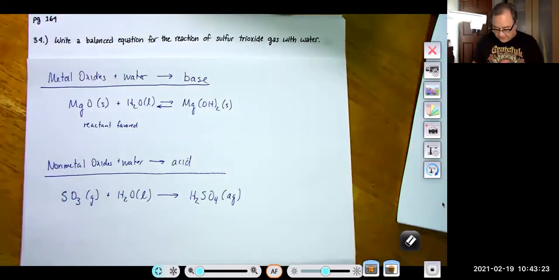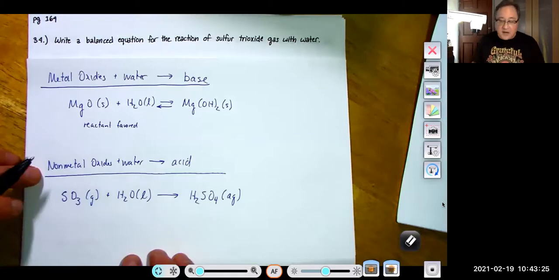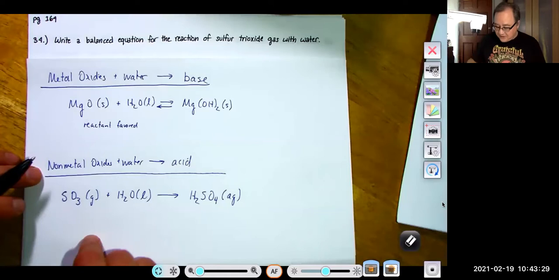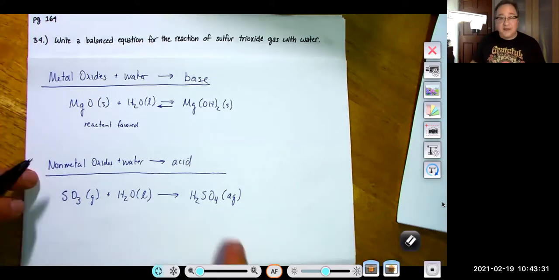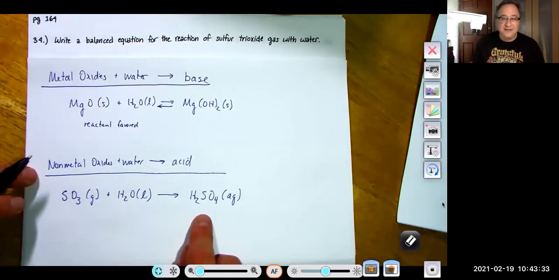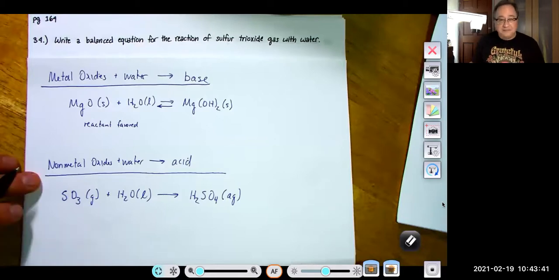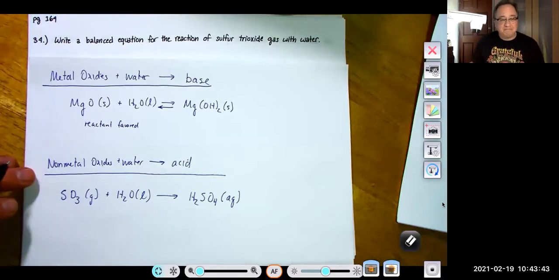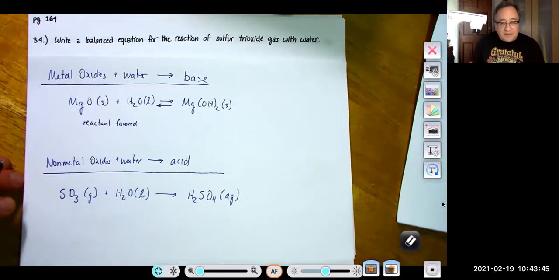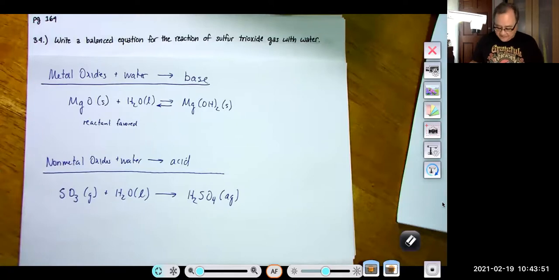Well, instead of letting it react with rain, we're going to react it with water before it ever gets out, turn that into acid, and then sell it. So you prevent acid rain while simultaneously getting a product you can sell. That's business. It's good for the environment and it's good for business. It's a win-win. That's one of your true win-wins, I think.